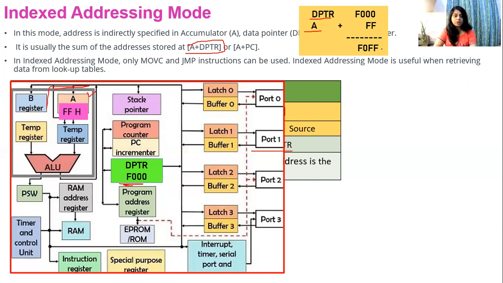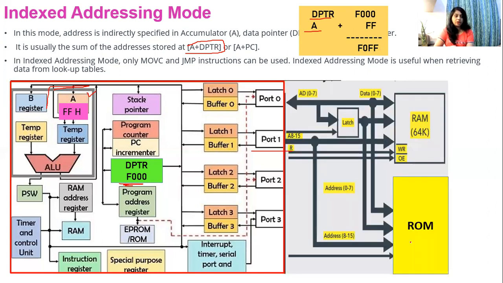Now let's assume that an external ROM is connected with this 8051 microcontroller. In this ROM there must be some location whose address is F0FF. There will be different memory locations, and every memory location will have a different address, but in one memory location the address is F0FF.